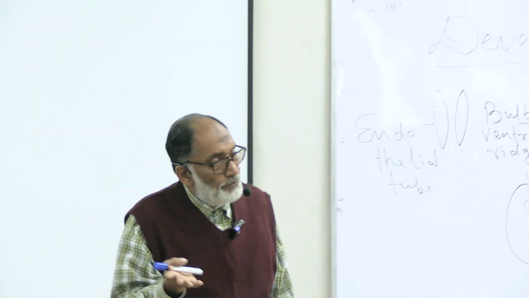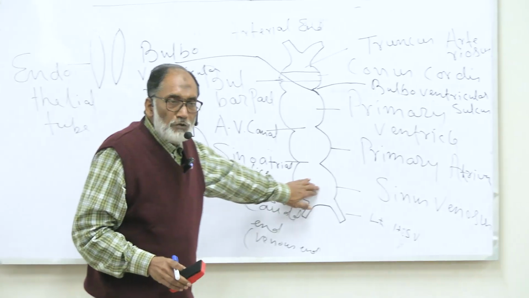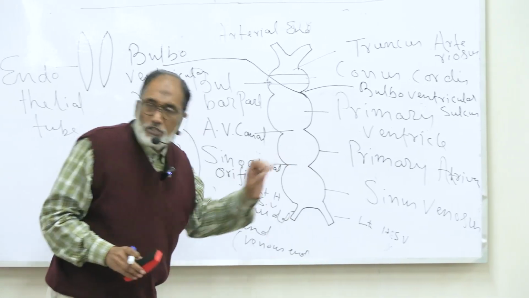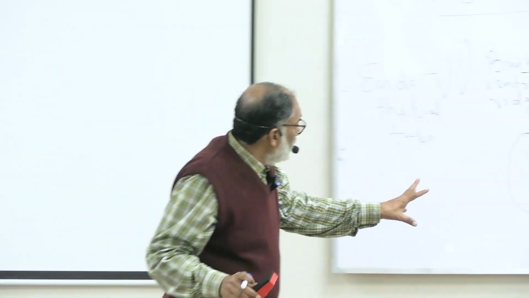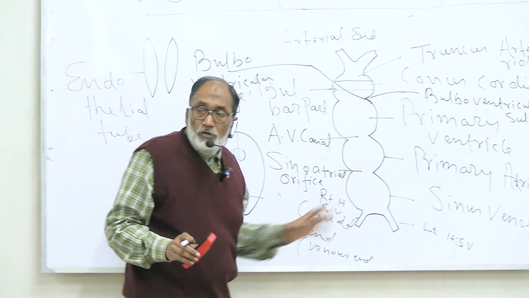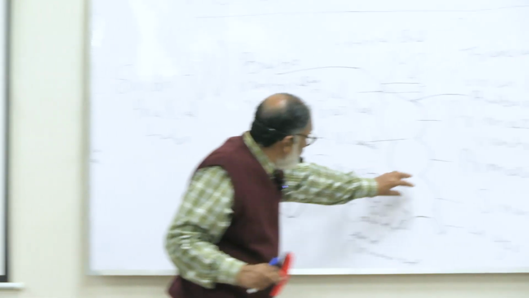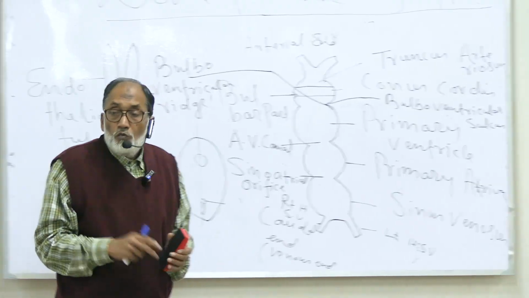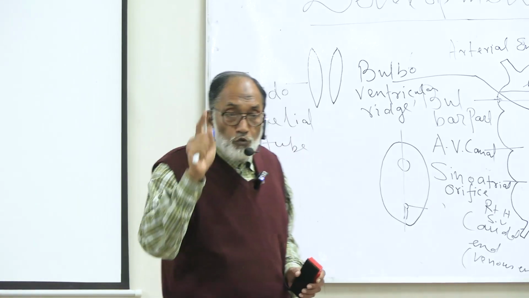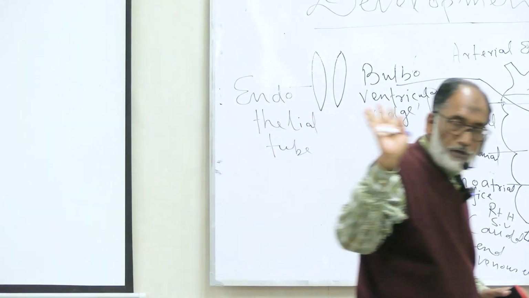And the smooth part will develop from the sinus venosus. The body of the sinus venosus plus the right horn of the sinus venosus will give rise to the smooth part of the right atrium. Right?